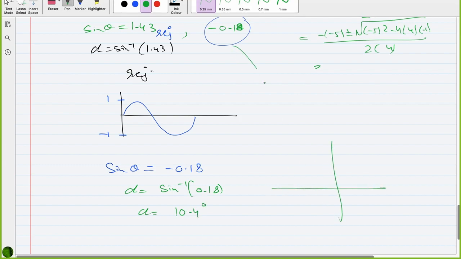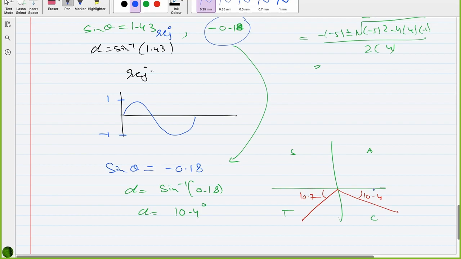Now we knew this angle was negative. Add sugar to coffee, and sine is negative in the third and fourth quadrant. And this is 10.4, this is 10.4.